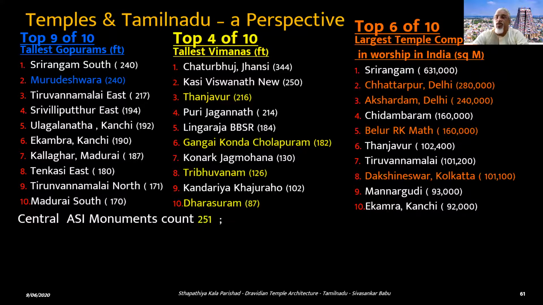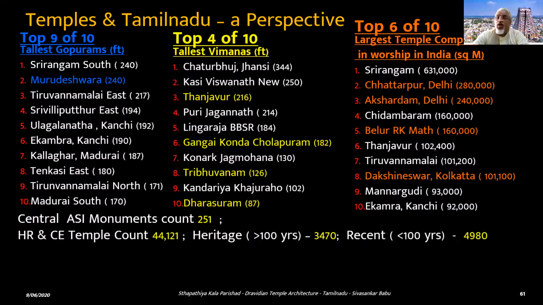If you see in terms of volume, ASI maintained monuments are around 251. Many of them are very big and some small also. Apart from that, Tamil Nadu government, HRCE, which is responsible for temples, has got a count of around 44,000 temples, out of which the heritage ones, which are more than 100 years old and listed, registered, are around 3,470.